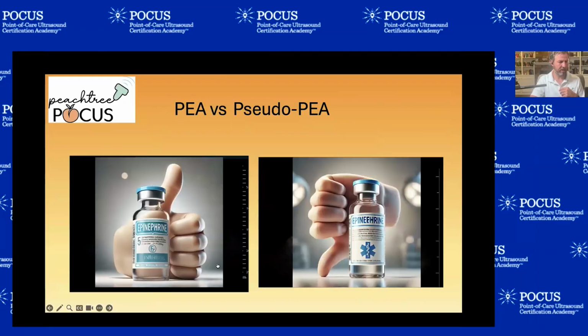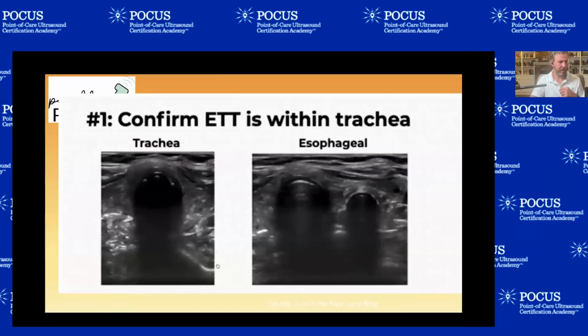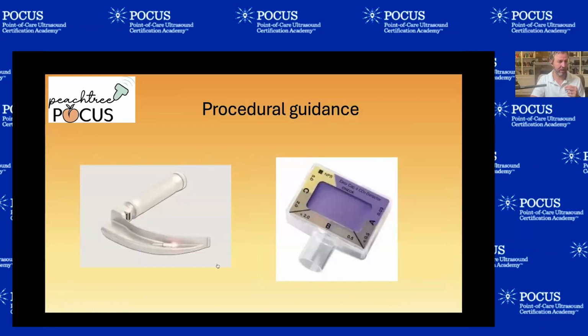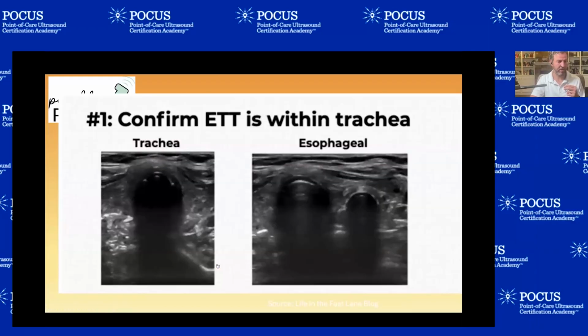So here's point of care ultrasound guided intubation. This picture with the trachea shows a tube in the trachea. When you're actually putting the tube in, you can see the trachea kind of move and light up, not quite the right word, but you can see a tube or movement within the trachea. If you don't see it in the trachea and you see it in the esophagus on this side, that tells you it's in the esophagus and not the trachea.